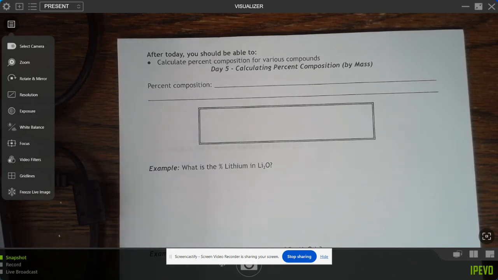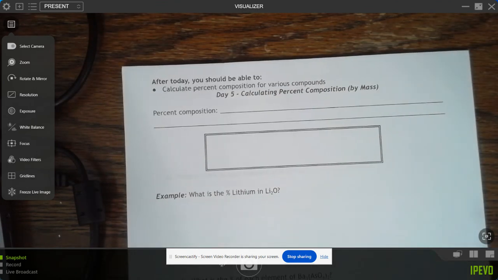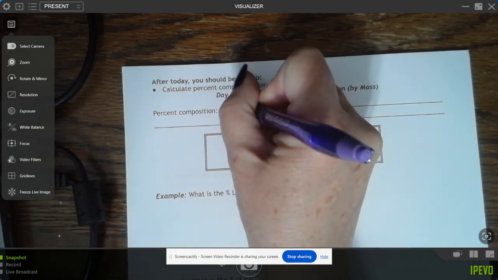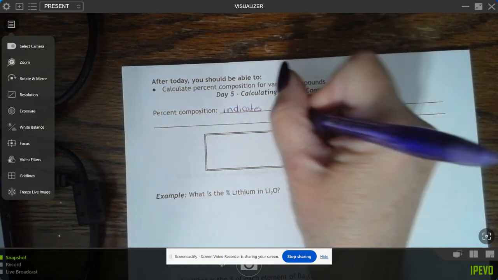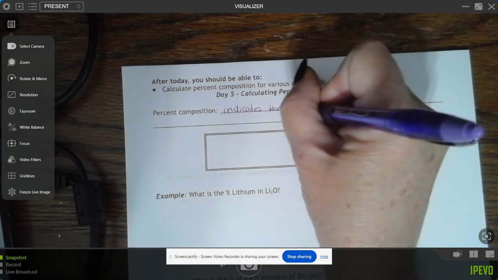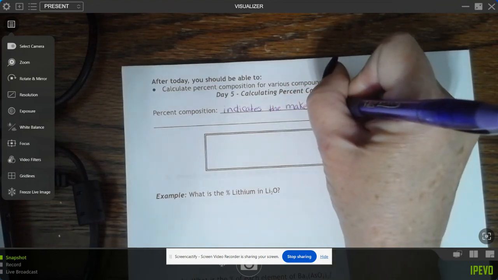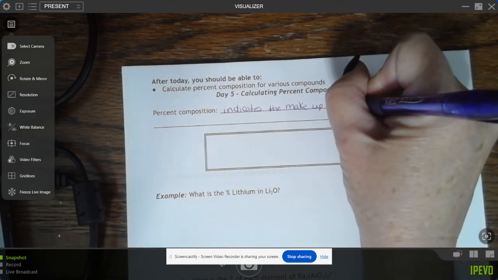All right, so percent composition. Percent composition indicates the makeup or composition of a substance based on mass.